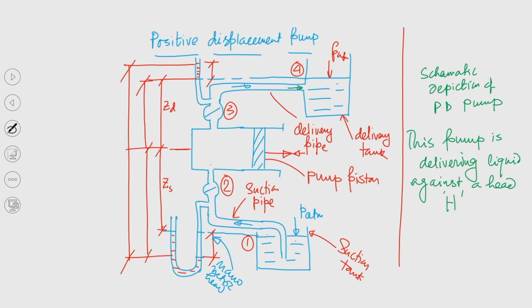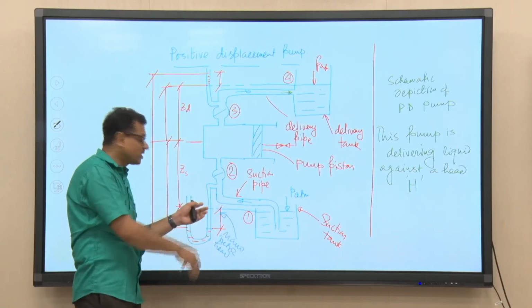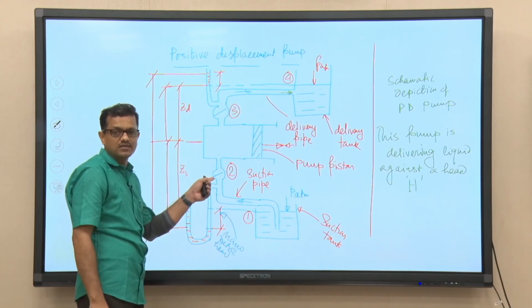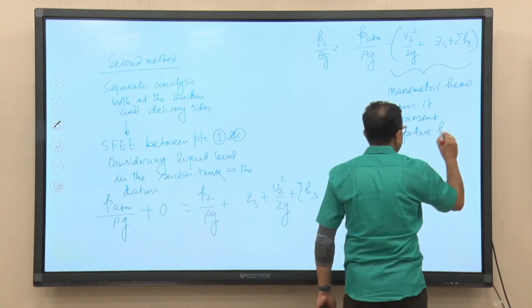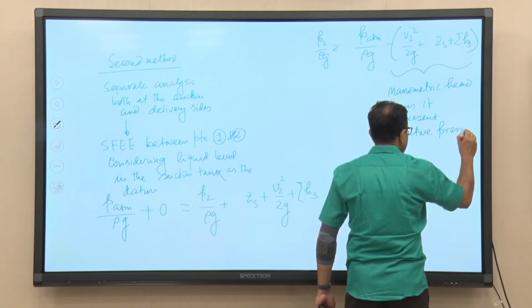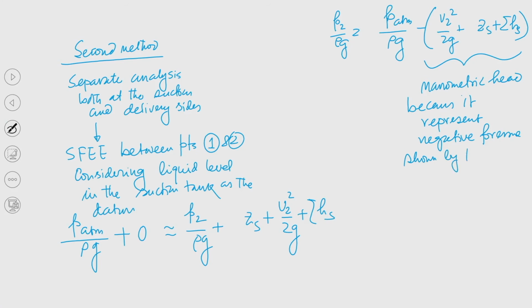So this is called the manometric head because this is the negative pressure shown by the manometer which is connected to the suction line.